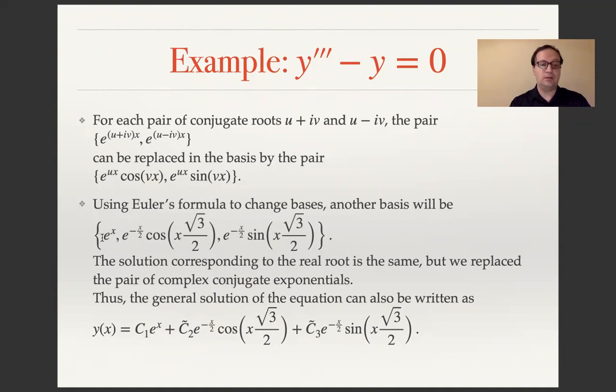This means that our new basis, obtained by replacing the complex exponentials by these functions, is made of e to the x, e to the minus x over 2 cosine of x square root of 3 over 2, and e to the minus x over 2 sine of x square root of 3 over 2.